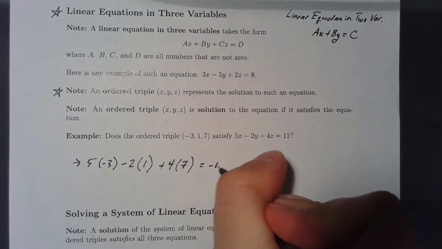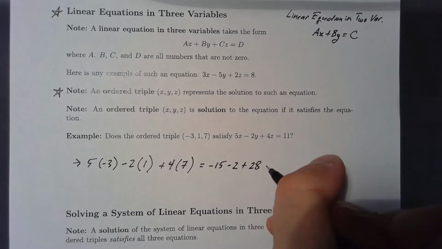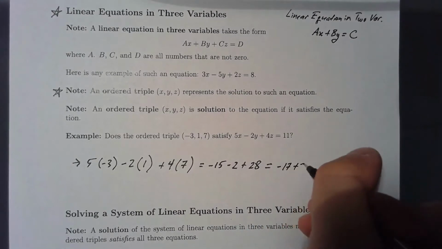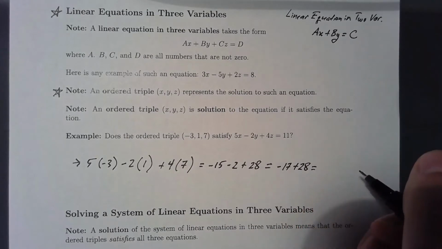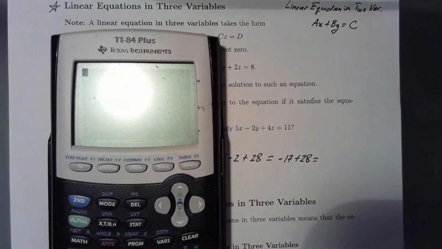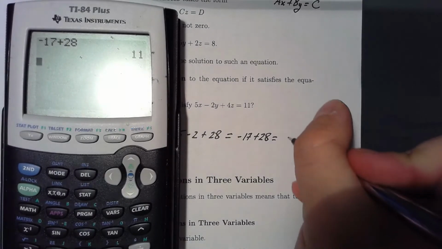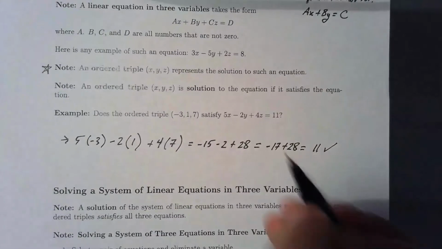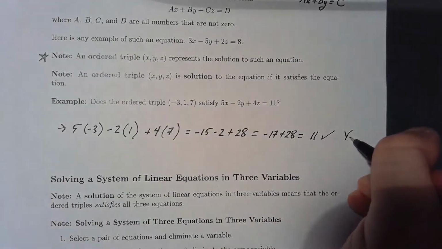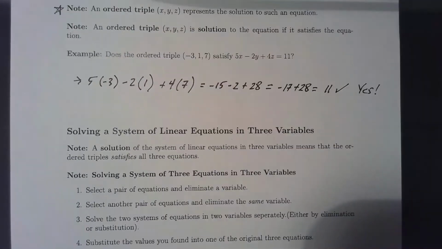So you get -15 minus 2 plus 28. -15 minus 2 is -17, plus 28 is 11. So it satisfies, because that's the right-hand side of the equation. Does this satisfy the equation? Yes, it does.